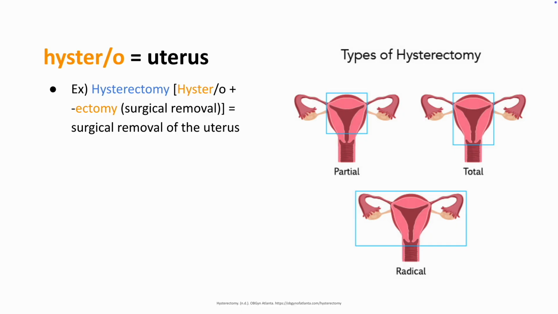So hysterectomy, surgical removal of the uterus. And depending on the needs, apparently I didn't know this, you can do partial hysterectomy, saving the bottom half portions with the cervix, or total hysterectomy, the whole uterus, or radical hysterectomy, even including the fallopian tubes and ovary, which I assume in the case of very severe cancer, you would do a radical hysterectomy.